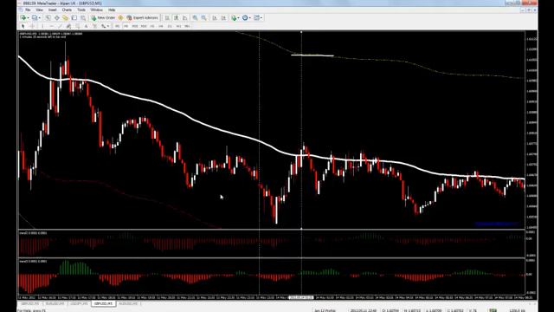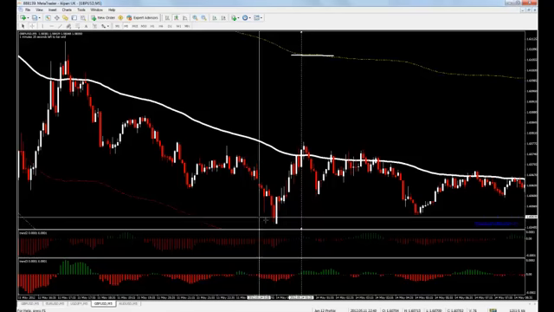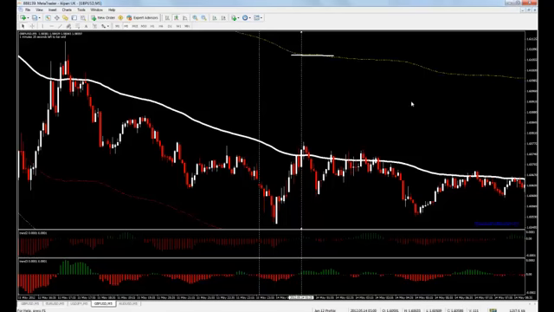We wait for a close above our white setup line. Place our pending long 1 pip plus broker spread on top of this setup line. Place your stop loss below current structure. Remember to add 1 pip. Remember to add your broker spread. Place your take profit line on the yellow dot line for a long trade and on the red dot line for short trades.